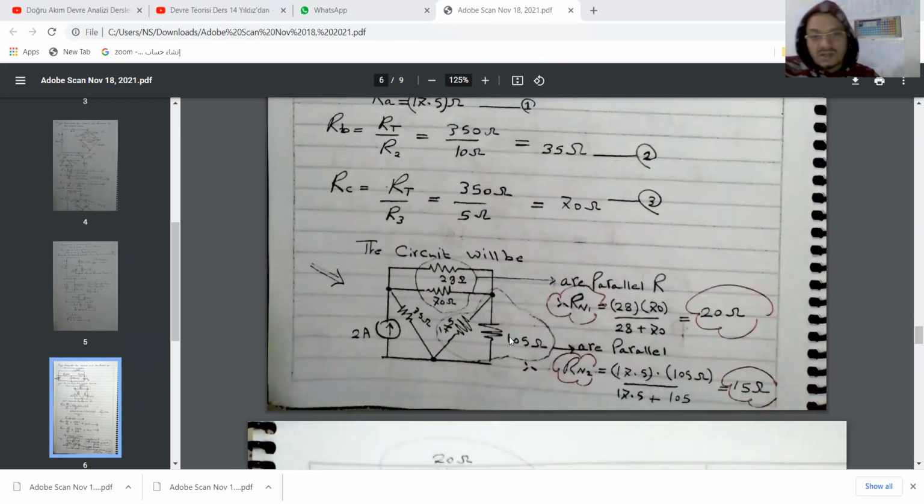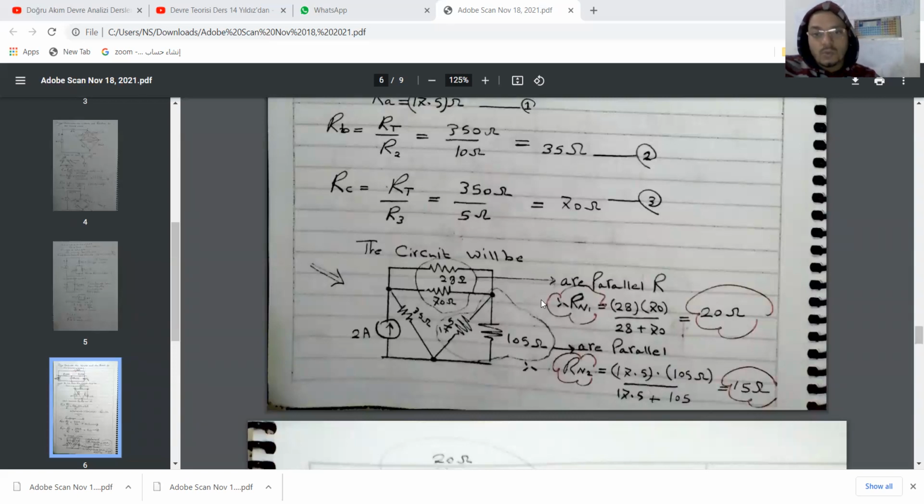Now we can simplify, like the example, these two values because they are parallel. We can say 17.5 times 105 divided by 17.5 plus 105. After that, the same thing with these two values.